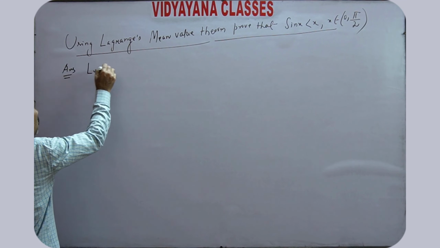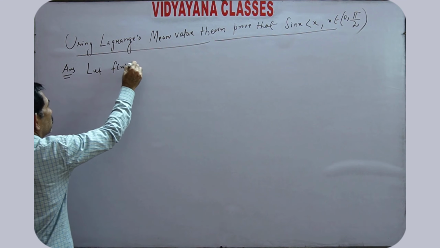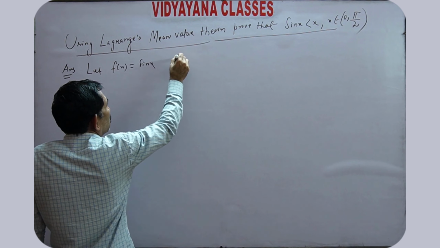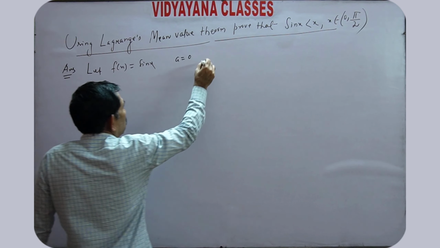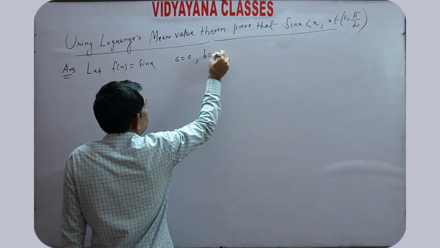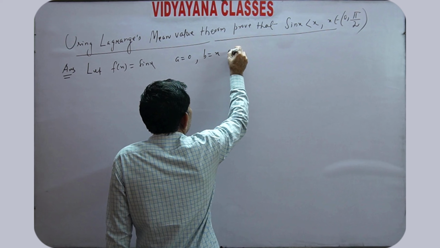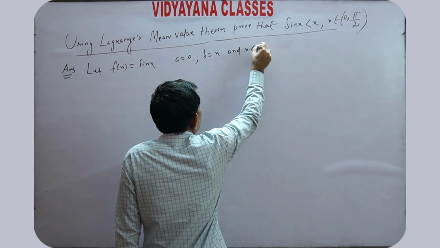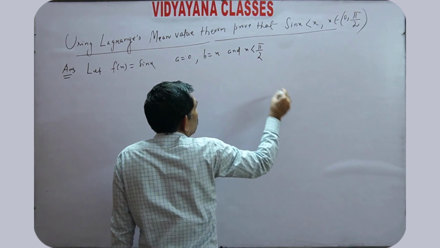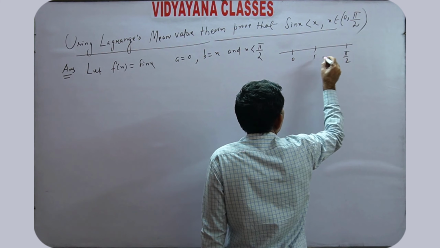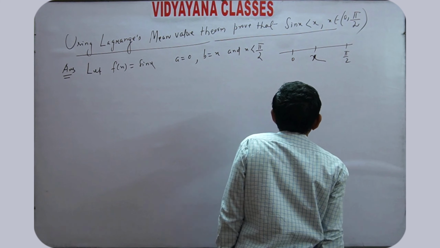Let f(x) is equal to sin x, a is equal to 0, b is equal to x, and x less than pi by 2. It is 0, it is pi by 2, and it is x less than pi by 2.